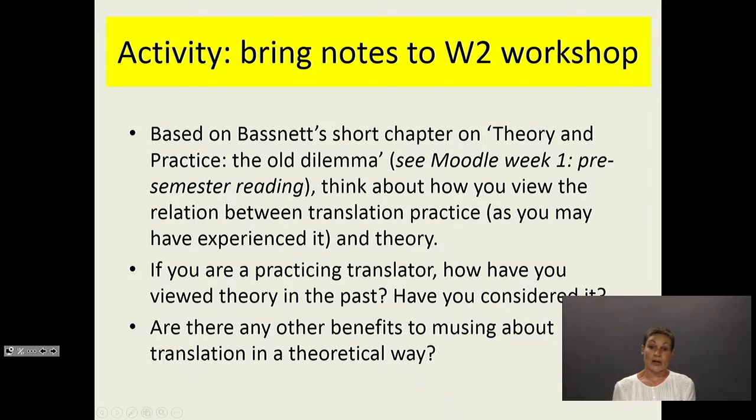And of course, we're not expecting you to have a very developed sense of translation theory at this point, but I'm just interested in the thoughts that you might have around this. So if you can make some notes on these questions and bring them to the workshop, it will be really interesting to have a group discussion and bring together all of the perspectives that you all will have on this particular topic.